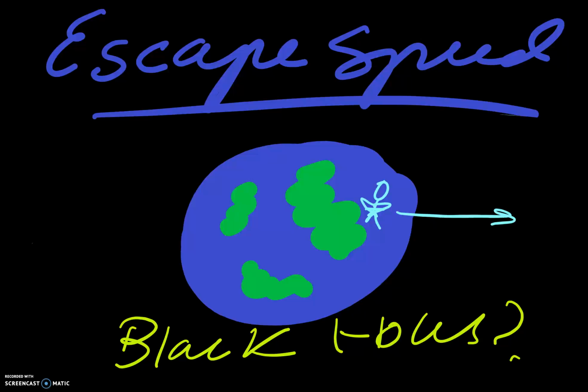Well, you have your black hole somewhere in space, and around the vicinity of this black hole, there's going to be a certain escape speed. And that escape speed is either going to be equal to the speed of light, so only light can really escape it at that point, or it's going to be greater than the speed of light. So at that point, nothing can escape it.